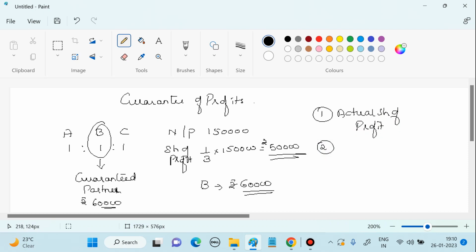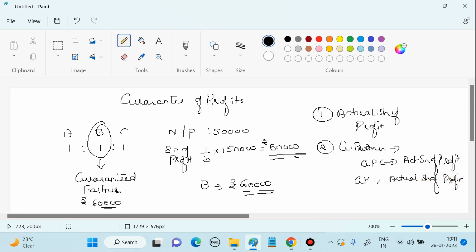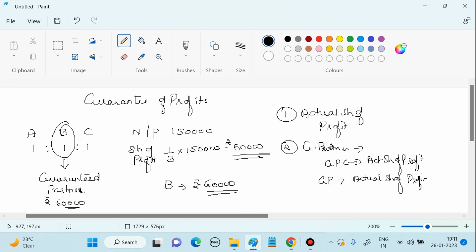Then for the guaranteed partner, you compare the guaranteed profit with the actual share of profit. If the guaranteed profit is more than the actual share of profit, then obviously the guaranteed profit would have to be given to him, because his actual share of profit is less. Like in this example, actual share of profit comes to only 50,000, but he was guaranteed 60. So he has to be given 60 as he was given the guarantee.